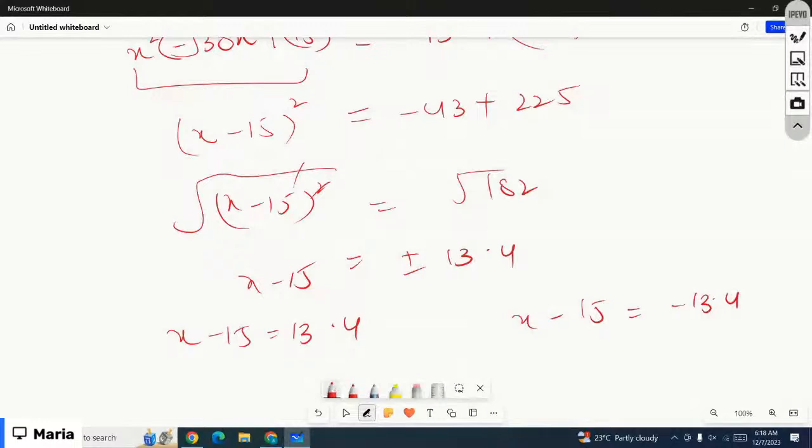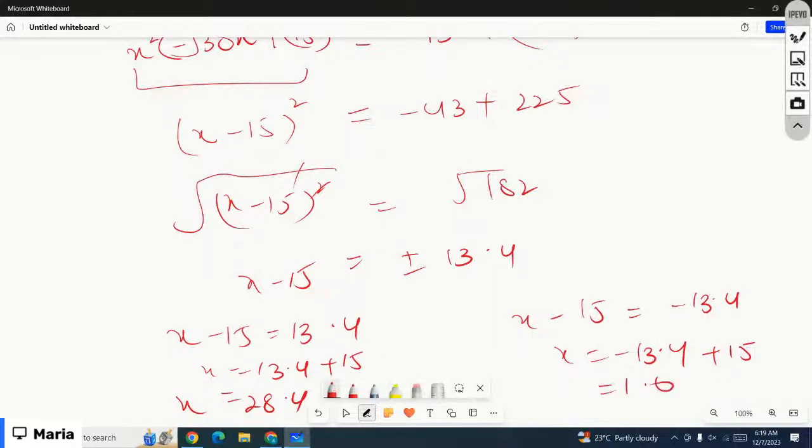Right? So x equals 13.4 plus 15. Right? That equals 28.4. And x equals negative 13.4 plus 15. So that equals 1.6, right?